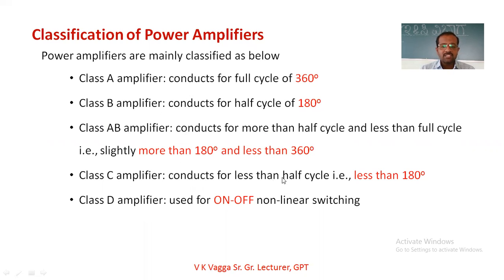Class C means less than the half cycle, less than 180 degrees. And class D is used for on-off, non-linear switching. This is about the classification of the power amplifiers. And for all of these amplifiers, the circuit diagram and efficiency are to be studied in the next classes.